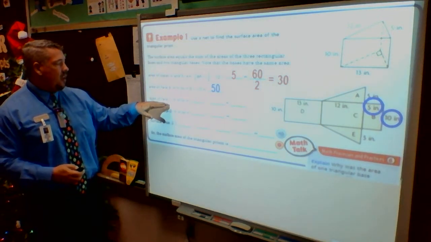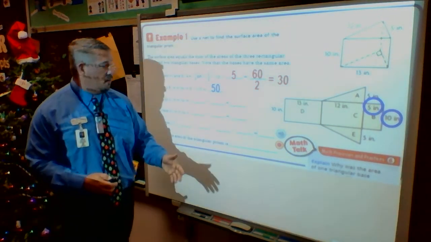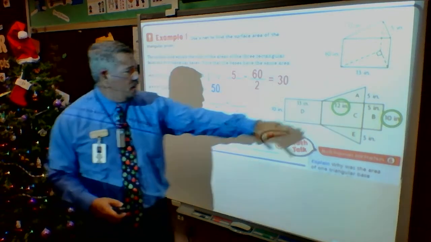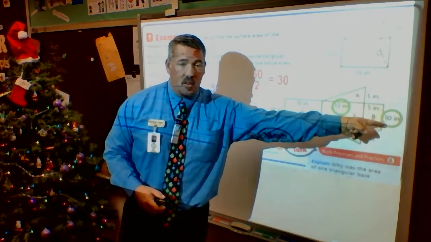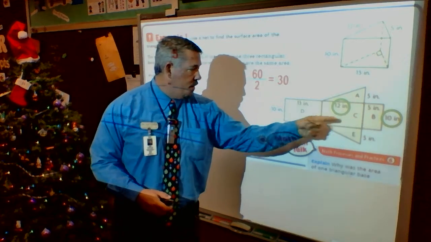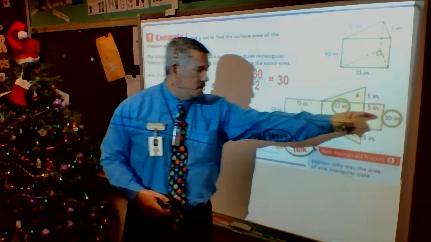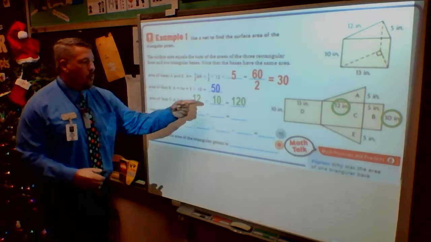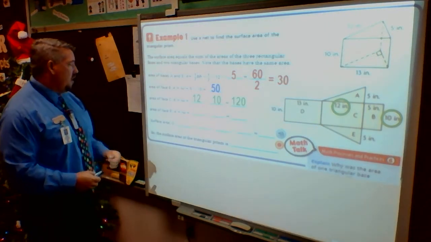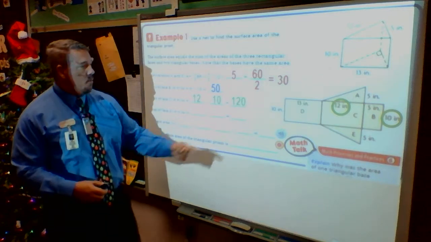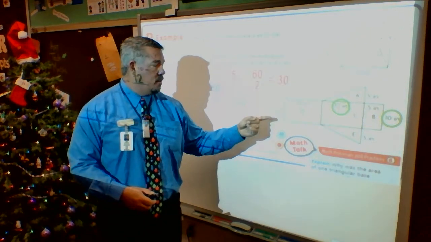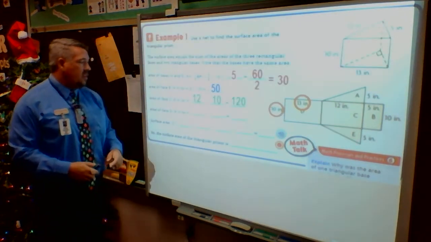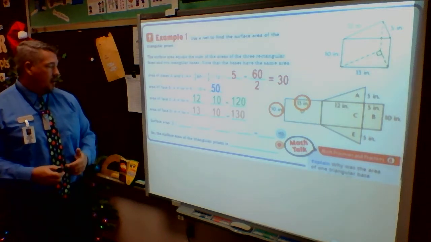When I go to C, base times height once again, then I have 12, and it still has a height of 10. All of these are going to have heights of 10 because of this last measurement right here. So 12 times 10 gives me 120 for C. And then D tells me that I have 13 times 10. And 13 times 10 is 130.